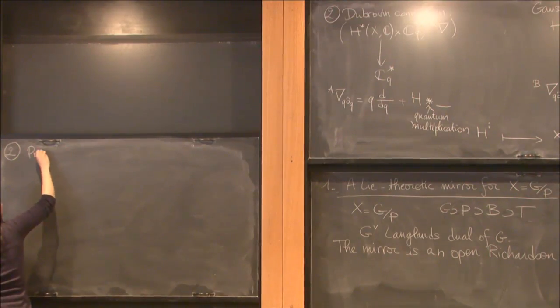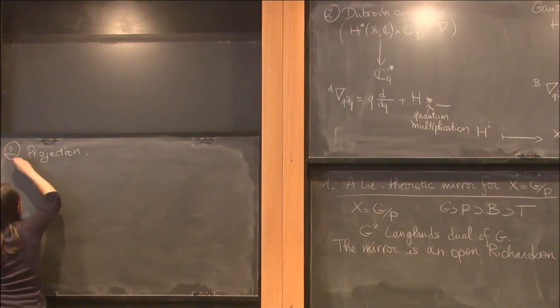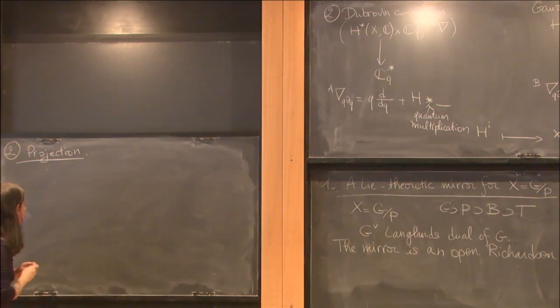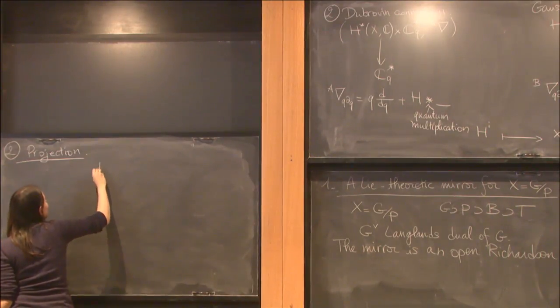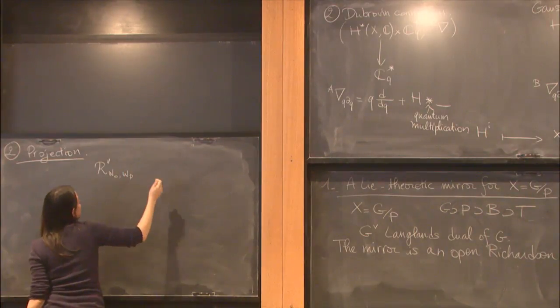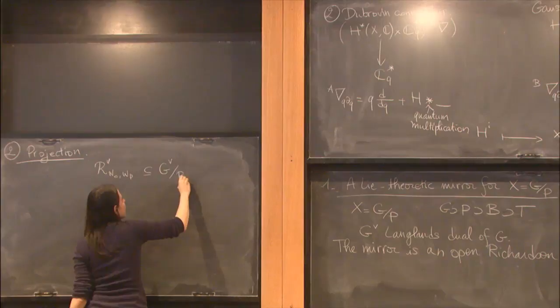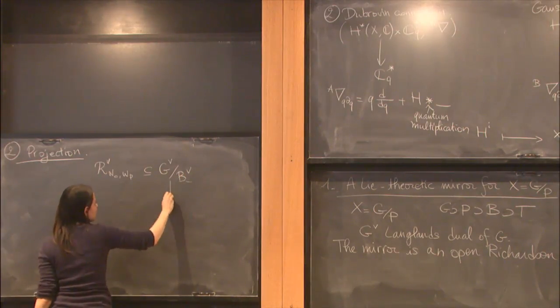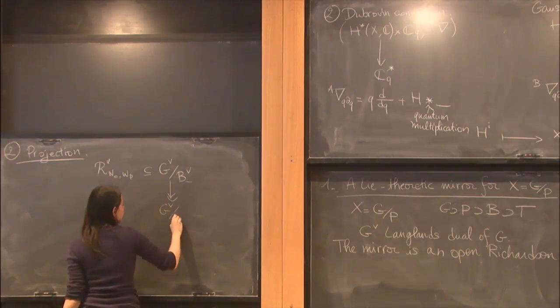Okay, so the first thing to do is, well, quite natural. I have a priori my Richardson variety that lives inside G check mod B minus check, and I want to project it to G check mod B check.